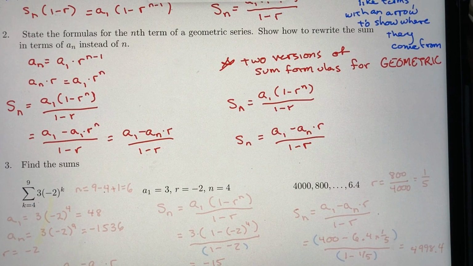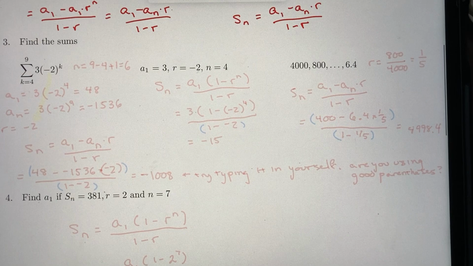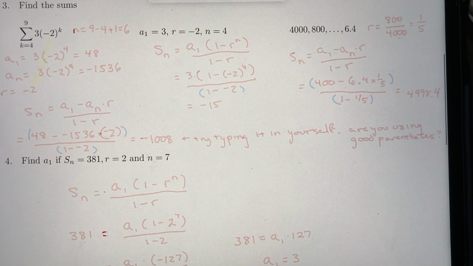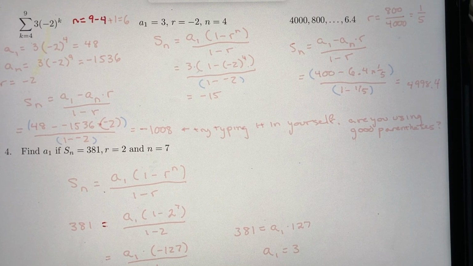Okay, so if I have sigma notation, it's easy to find the number of terms, and it's easy enough to find everything, actually. n is 9 minus 4 plus 1, which is 6. a sub beginning, I notate it as a sub 1 even though k is 4, but whatever.